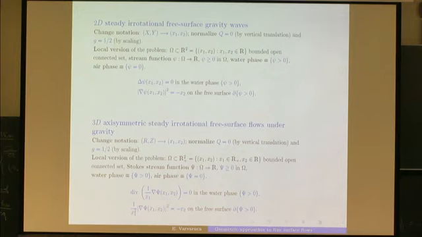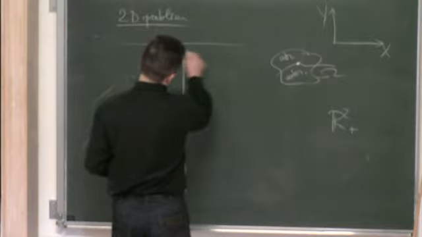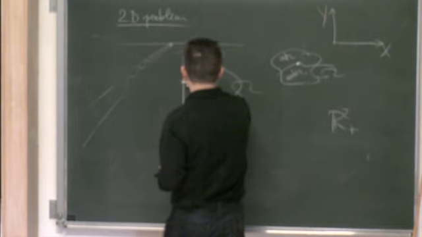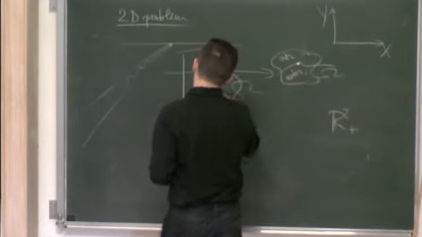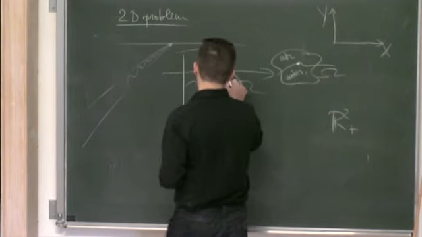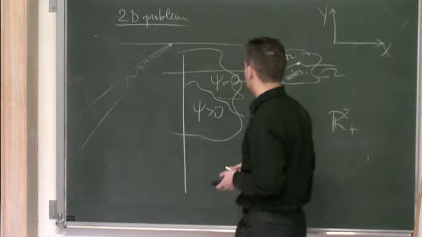So now my functions will only be defined in the right half plane, R2 plus, meaning the first coordinate R is greater or equal than 0, and then we have this omega, and somewhere around here the free boundary, psi greater than 0, psi equals 0.